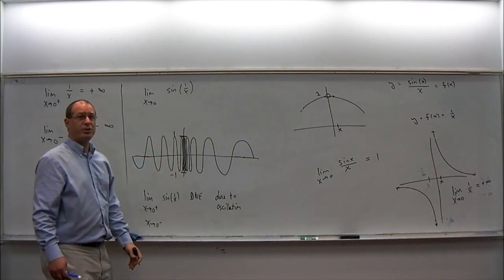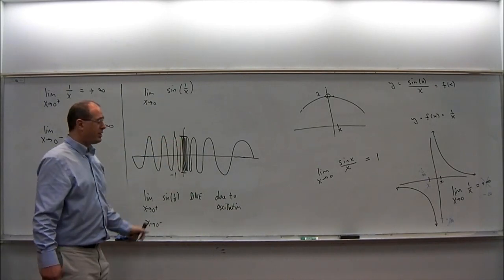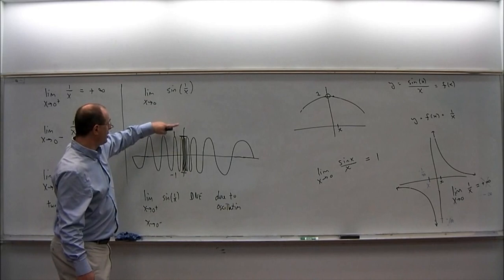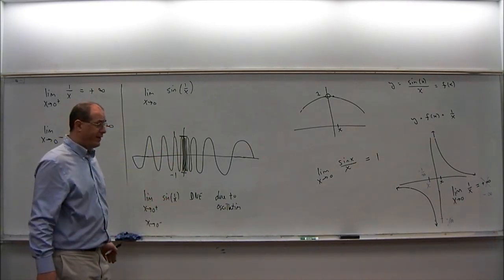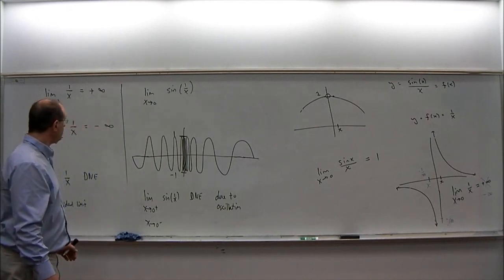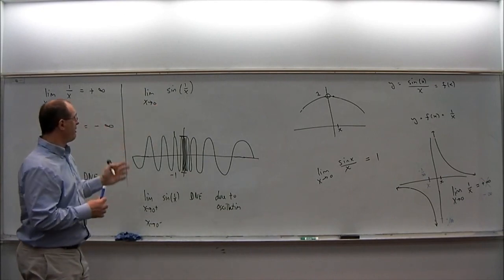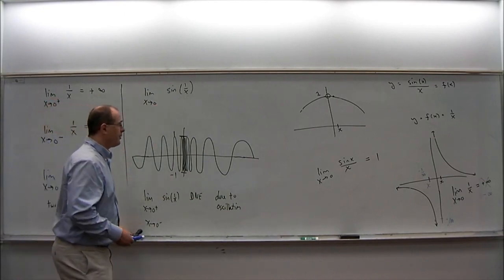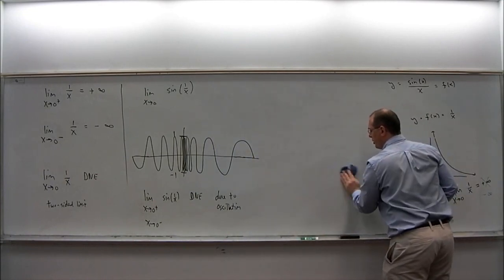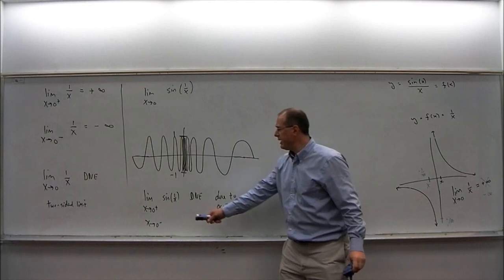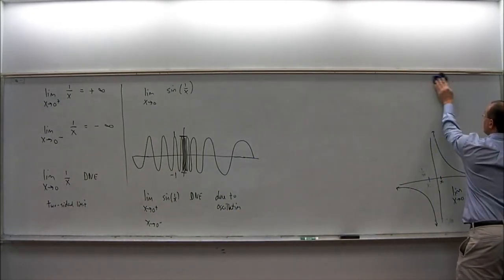The same thing happens on both sides. It oscillates with greater and greater frequency as x approaches 0, between minus 1 and 1, so it doesn't settle down to a particular value. So 3 examples where you can't plug in 0 and you get something very different in each case. Hopefully this is getting the point across that limits are meaningful for analyzing curves, for analyzing functions and their graphs.